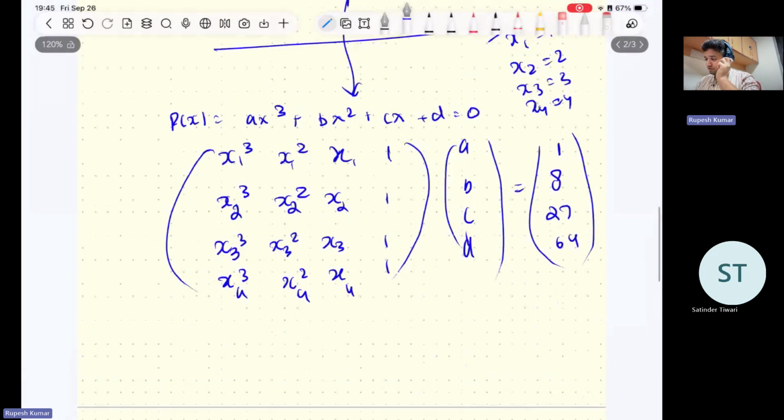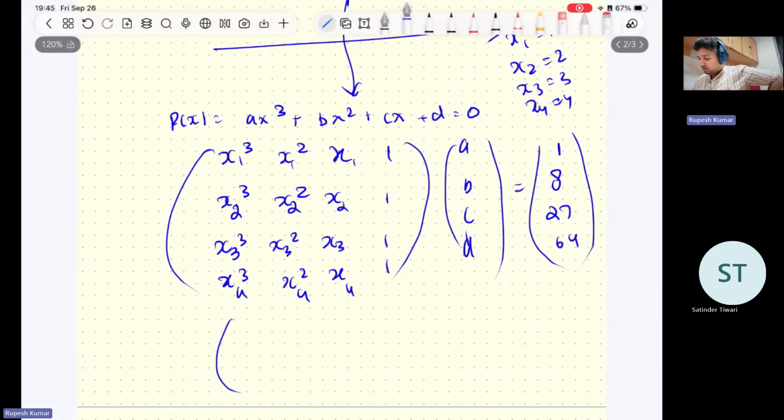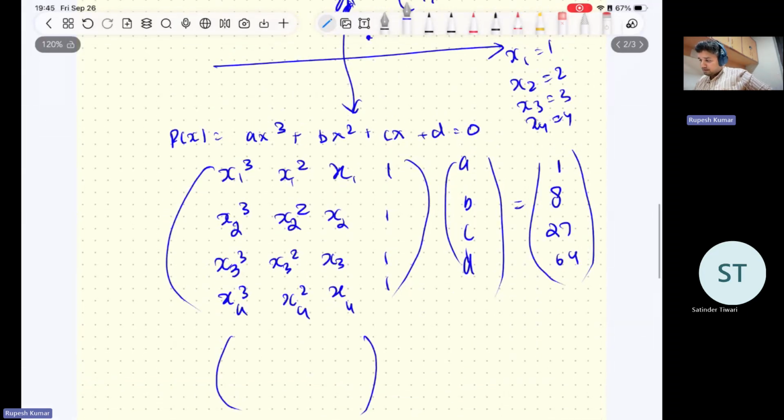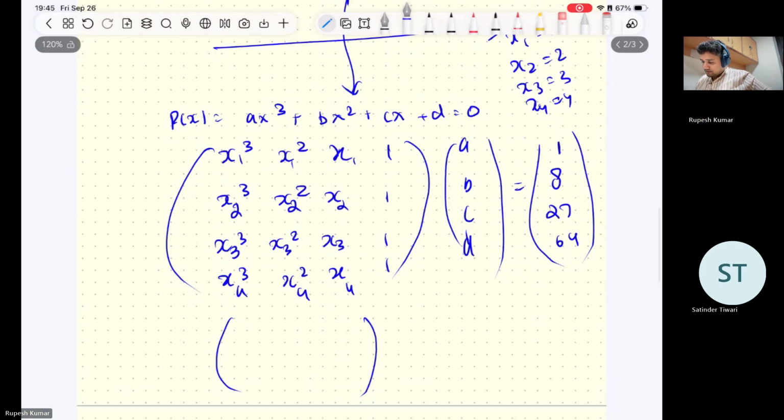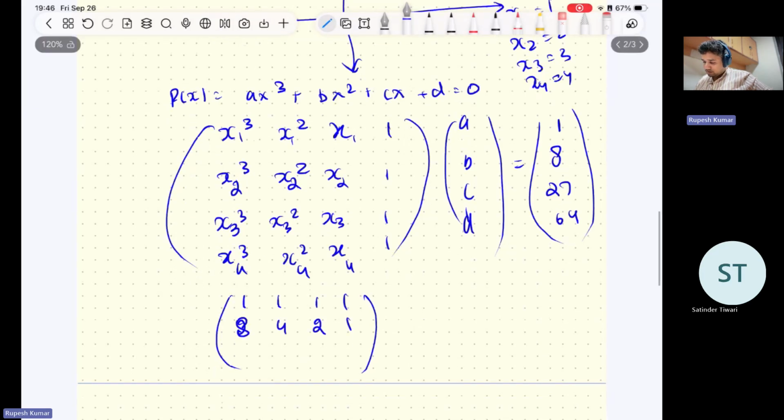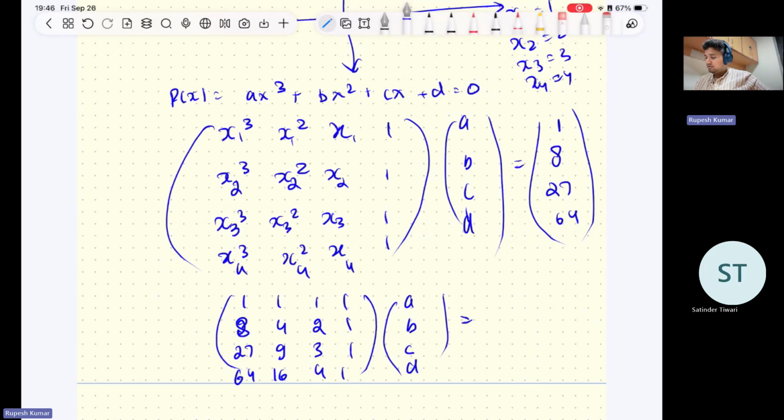Now simply put in the values of x1, x2, x3, and x4. You get this 4 by 4 matrix: 1, 1, 1, 1, then 8, 4, 2, 1, then 27, 9, 3, 1, and 64, 16, 4, 1. Then you solve this system of equations, with A, B, C, D equal to 1, 8, 27, 64.